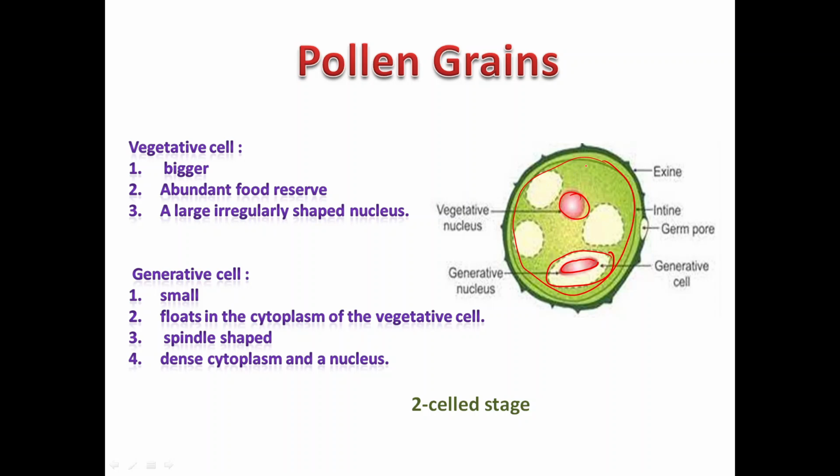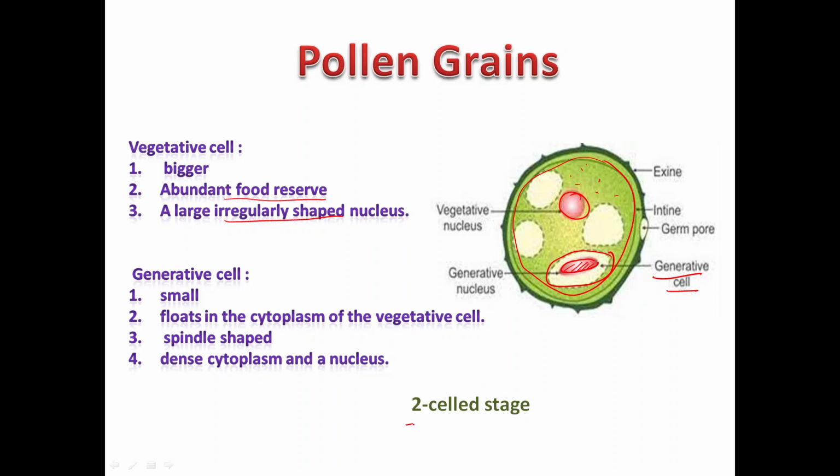So there is a vegetative cell, that's the larger one, and the nucleus need not be spherical, it can be irregularly shaped, and it has abundant food reserve. And then inside this vegetative cell is floating the generative cell. The generative cell is spindle shaped, it has a spindle shaped nucleus also, and it is small.